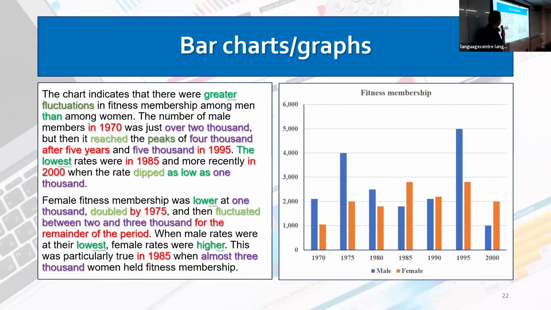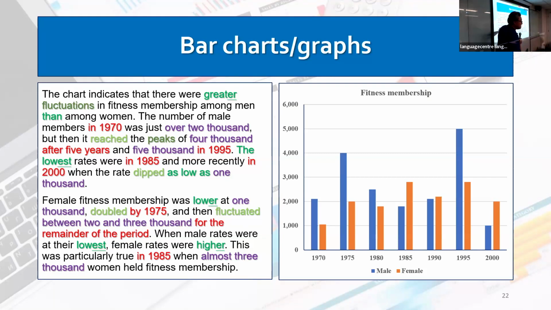So these are some nouns and verbs that we can use in addition to adjectives in order to describe numbers in a bar chart. Okay, we have language of comparison. Then what about the words in red here?